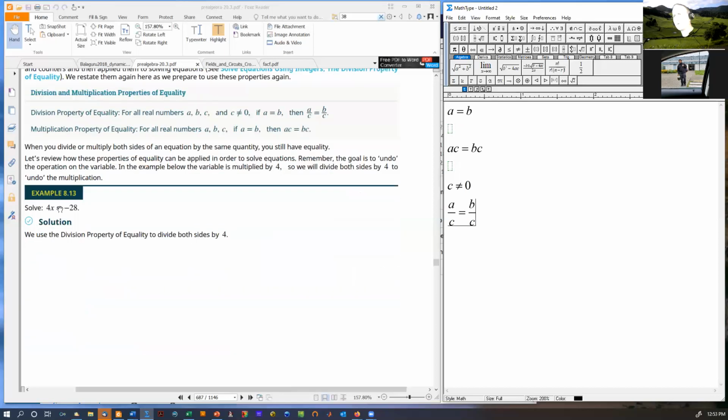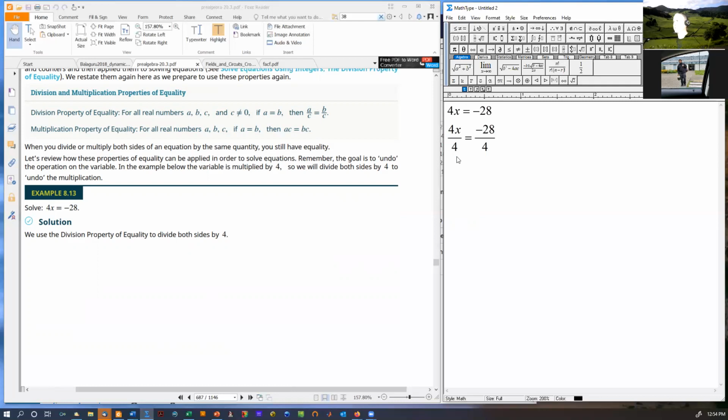So you can use that property to solve an equation that looks like this. 4 times x equals negative 28, right? So you have 4x equals negative 28. You could write that as 4x divided by 4 is equal to negative 28 divided by 4, right?